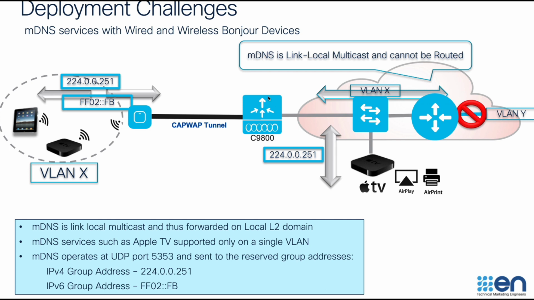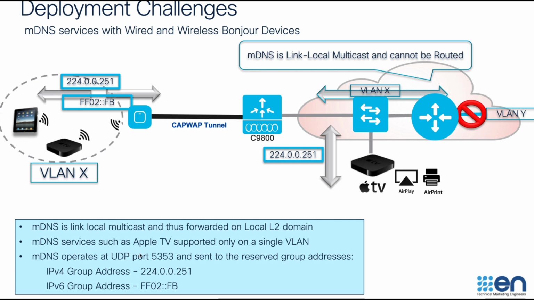We cache these services on Catalyst controllers, and then we advertise those services to all the clients that attach, and it doesn't matter if the service is being advertised on the same or on a different VLAN.